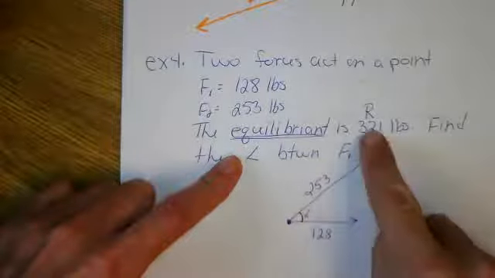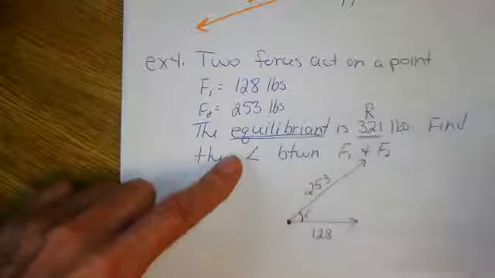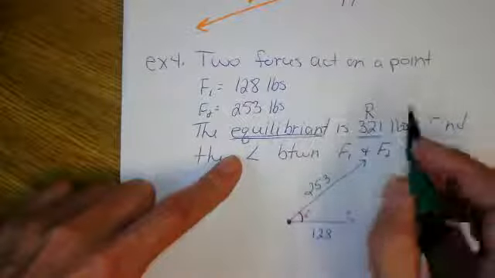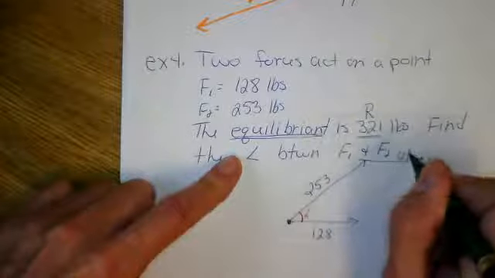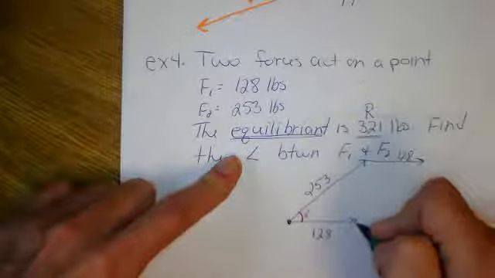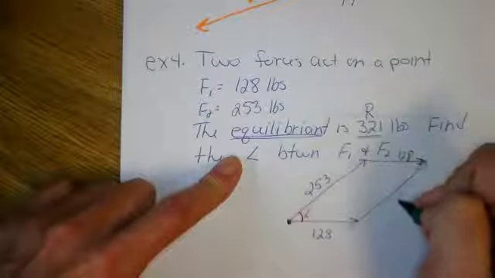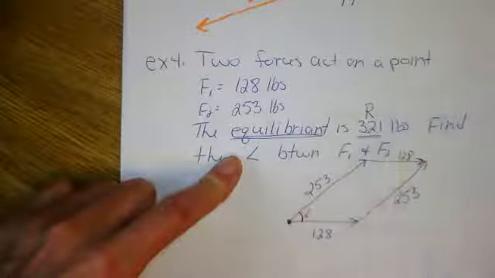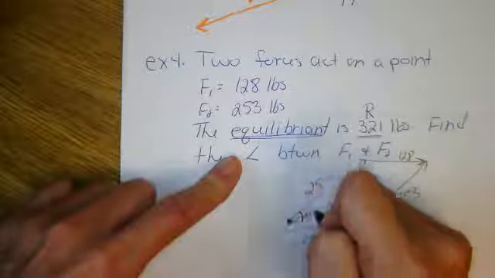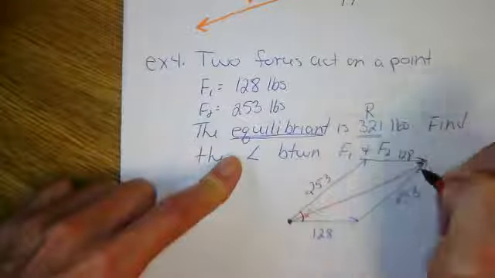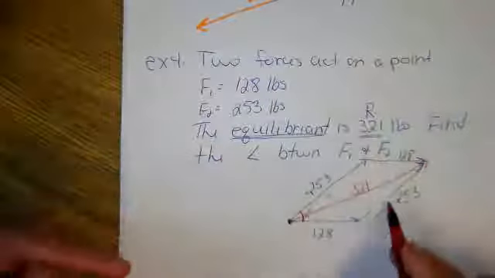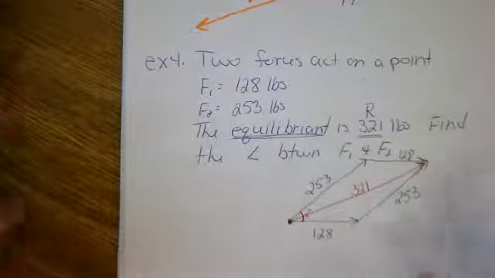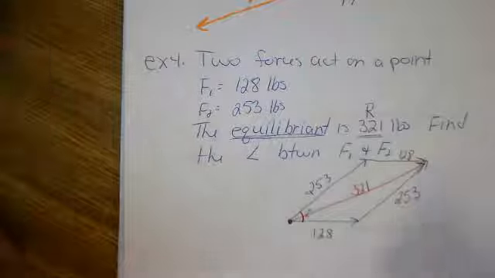So to see the resultant, remember, you have to slide these head to tail. So make the parallelogram. Slide the 128 up. Slide the 253 over. Here comes the resultant. The resultant is 321. Now I've got two triangles where I have side, side, side. I can find any angle in these two triangles.